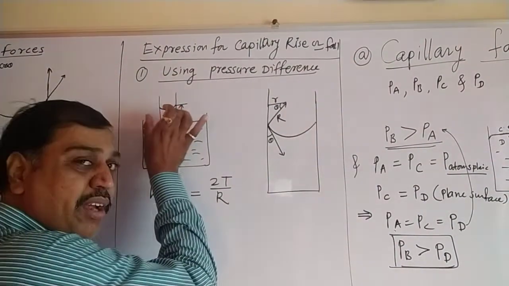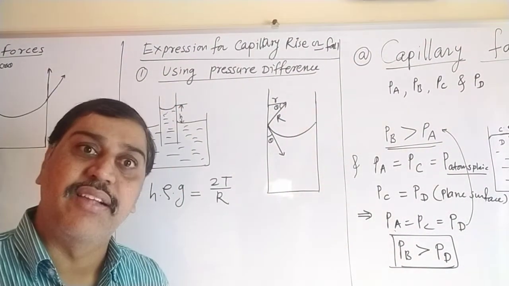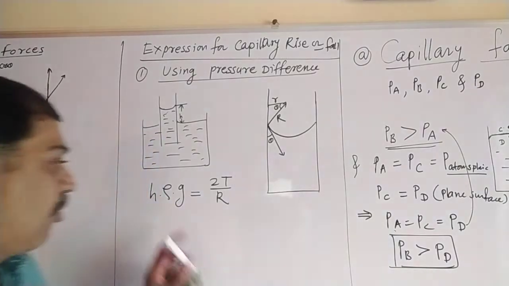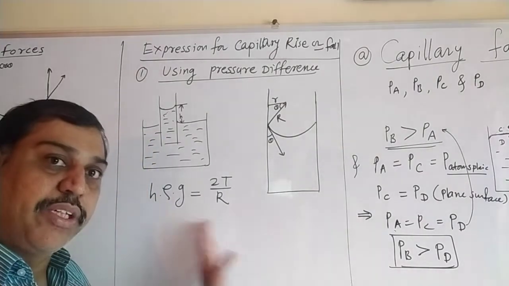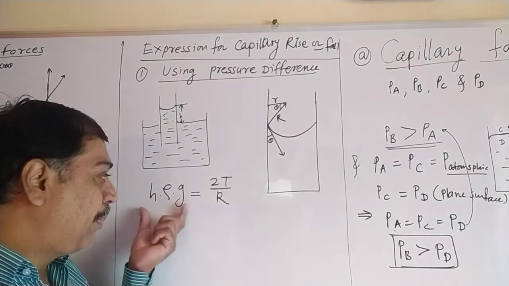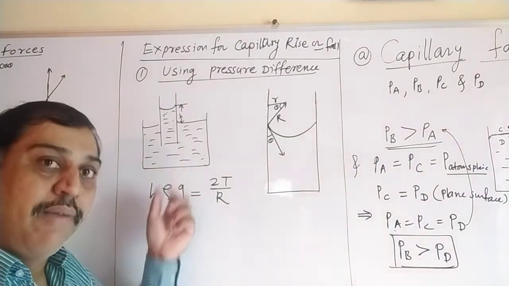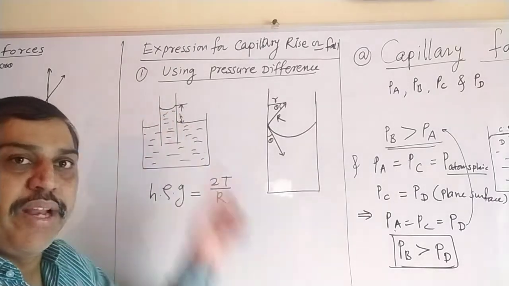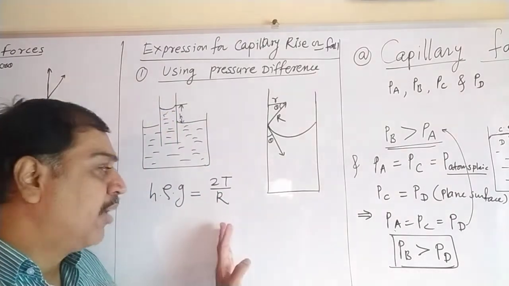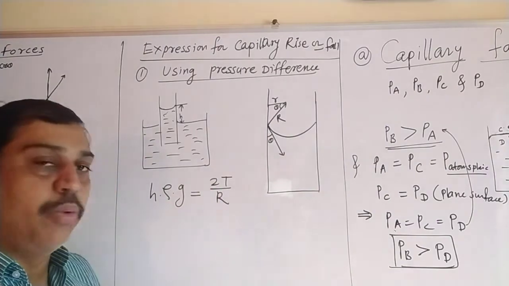So this concave meniscus is here, and that concave meniscus has a radius of curvature R. So that formula we have put, and we have used the pressure equations. The pressure of liquid, that is water, must be equal to twice T by R because of this concave shape of meniscus. So we will just equate them. So it is h rho g equal to 2T by R.